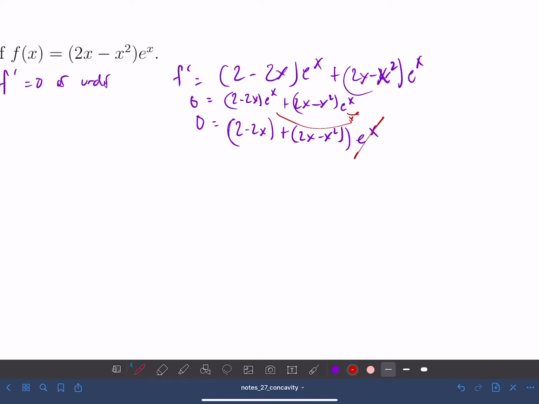Now I'm going to divide by e to the x, because it's never 0, I can do that. That's going to cancel, and I'll be left with 0 equals 2 minus 2x plus 2x minus x squared. Cancel, cancel. That is to say, 0 equals 2 minus x squared, which means that x is equal to positive or negative square root of 2.